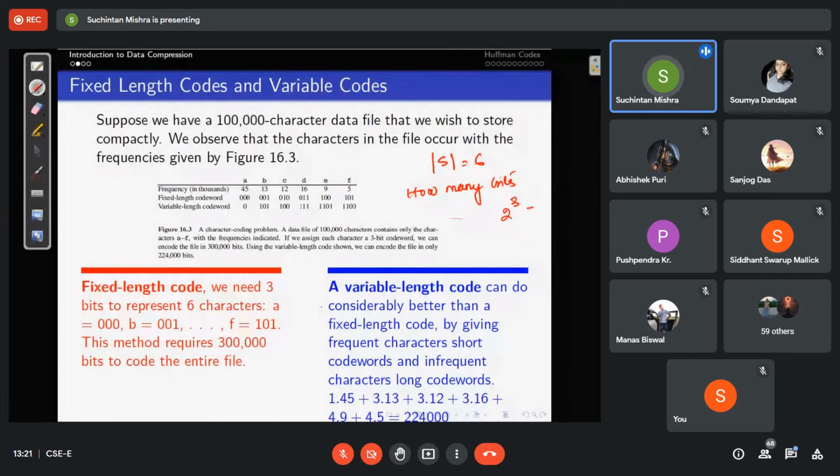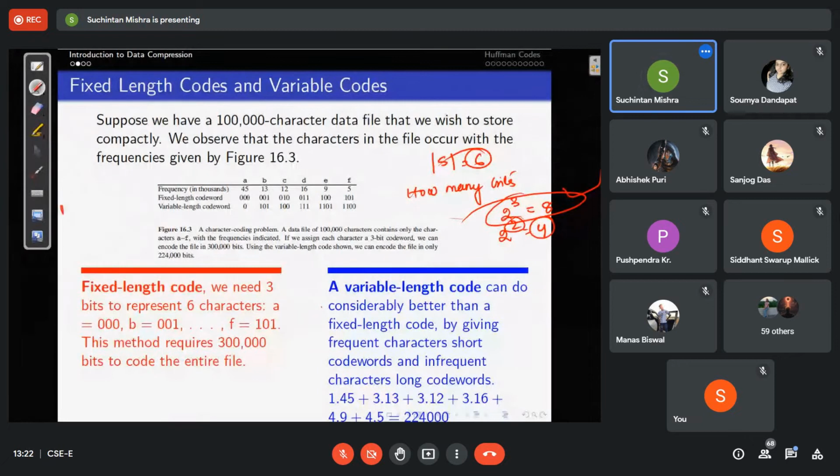2 to the power 3 is equal to 8. So minimum, I take 3 bits, because 2 to the power 2 is equal to 4, and 4 is less than 6, so this cannot be the value. The number of code words has to be at least equal to or greater than the number of symbols. So this will satisfy.